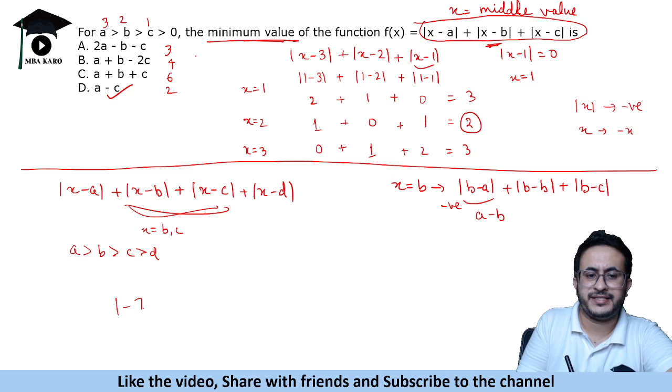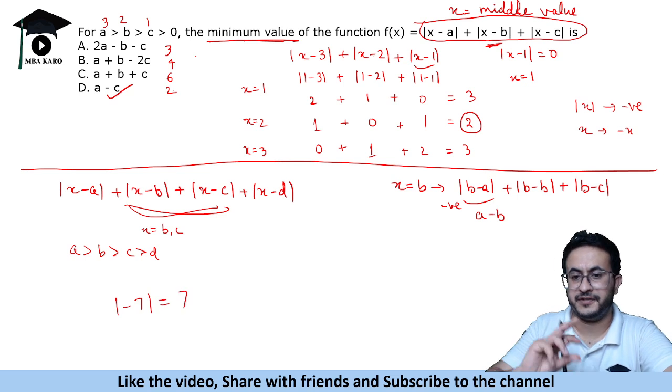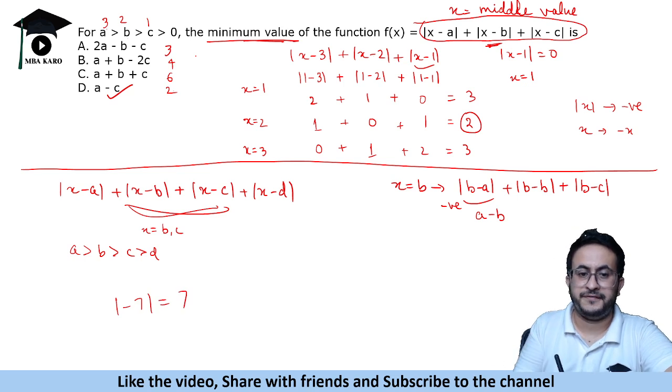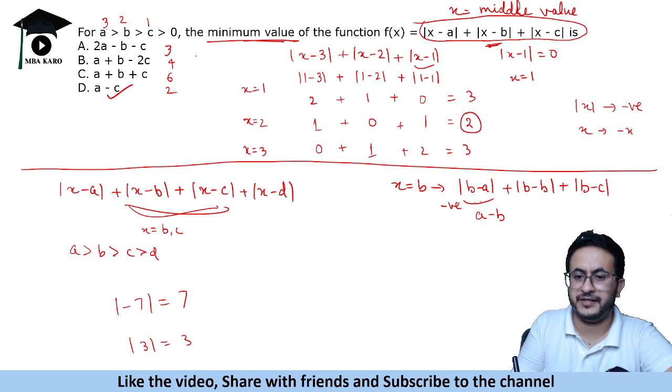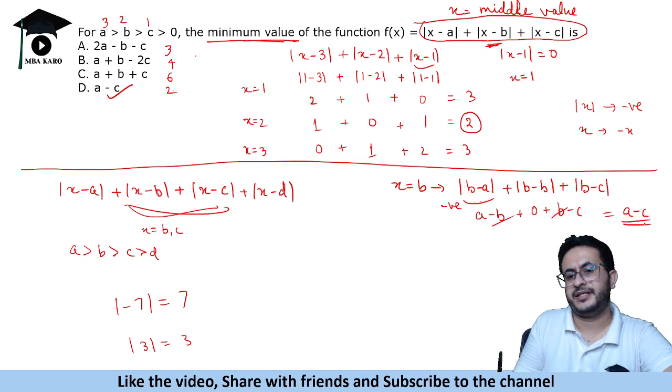Mod of minus 7 is 7, you take the reverse sign. If it is positive or 0, let's say mod 3, that will remain as it is. So since this is a negative value, because b is less than a, we make it a minus b. This is 0, and b is greater than c, so it becomes b minus c. So b gets cancelled, and we get the answer as a minus c.